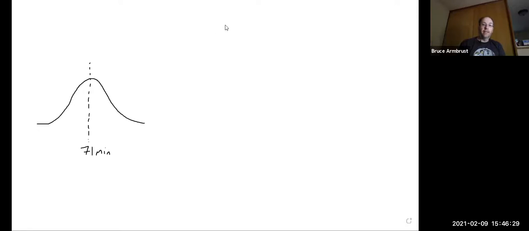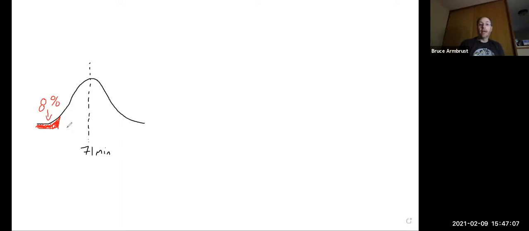Now, what we're interested in is what value down here is going to make it so that this is 8%. Okay, because we're trying to find what amount of time makes it so that if you're below that time, you're in the lowest 8%.